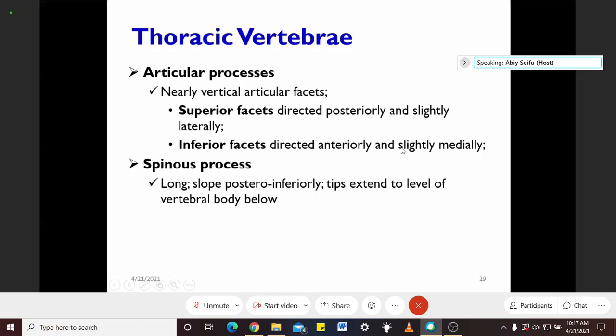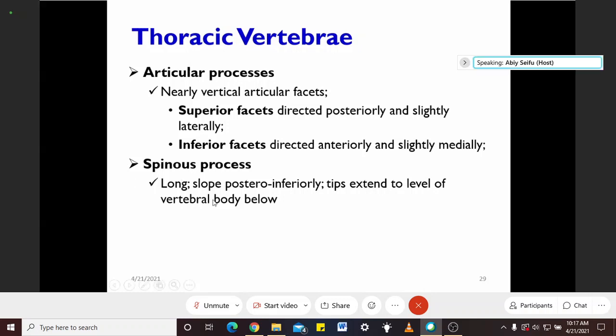So they form an interlocking with each other. The arrangement of the facets also determines the types of movement. Such an arrangement allows slight movement, primarily rotational movement.